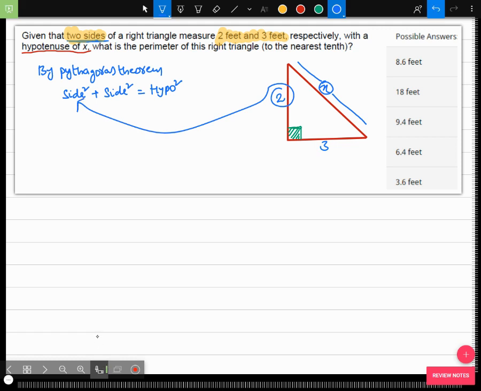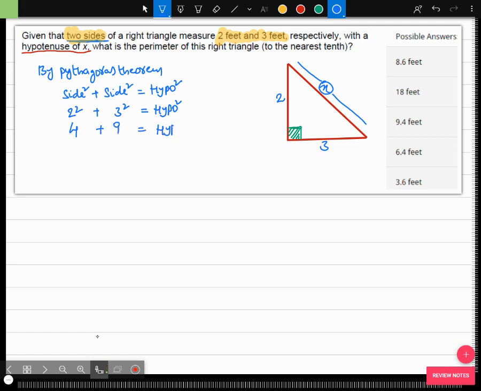One side goes here, another side goes here. So 2 square plus 3 square equals hypotenuse square. 2 square is 2 times 2, that gives me 4. 3 square is 3 times 3, 9.